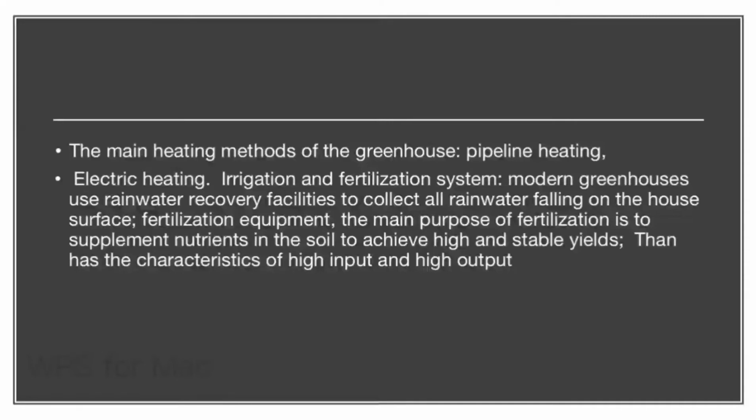Irrigation and fertilization system: a modern greenhouse uses rainwater recovery facilities to collect all rainwater falling on the house surface. Fertilization equipment: the main purpose of fertilization is to supplement nutrients in the soil to achieve high and stable yields, and it has the characteristics of high input and high output.